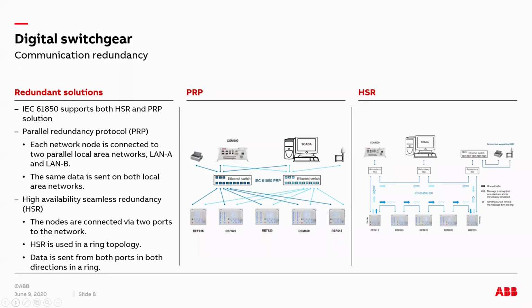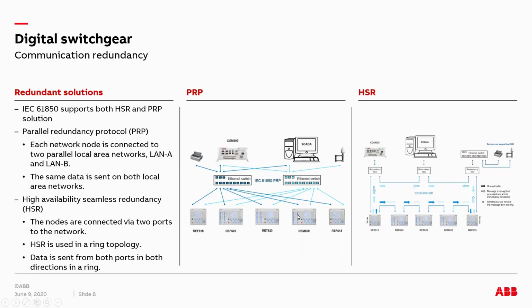PRP is the Parallel Redundancy Protocol, where each device is connected to two parallel local area networks, a LAN A and a LAN B. If you note here, every device is connected to two different networks.